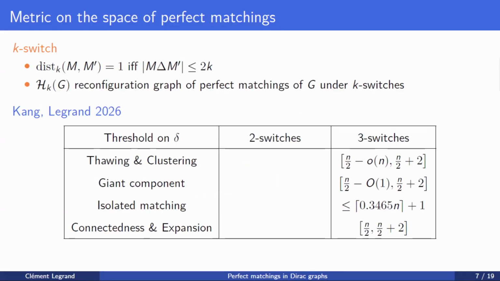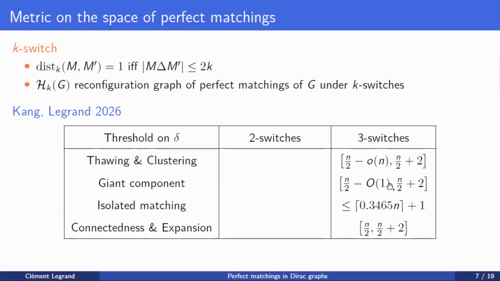And actually, as soon as it gets connected, the graph we have becomes also an expander. So it has very strong expansion properties, and random walks on it mix in polynomial time. That's what we get for connectedness and expansion. Then for giant components, we have some lower bound of n/2 minus some constant.